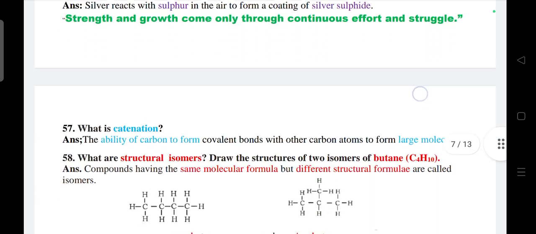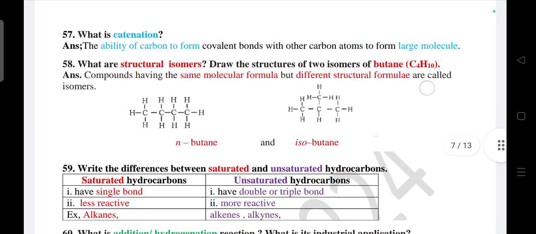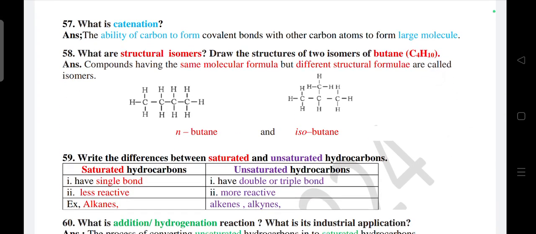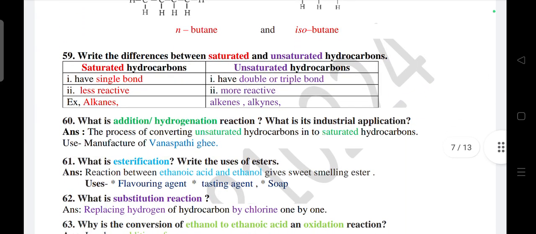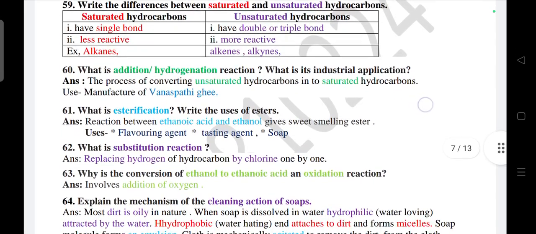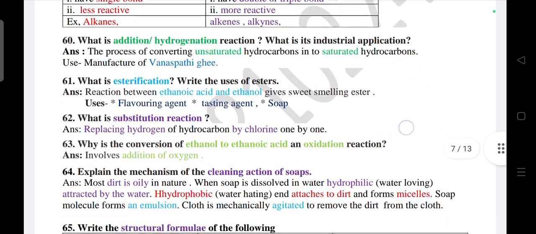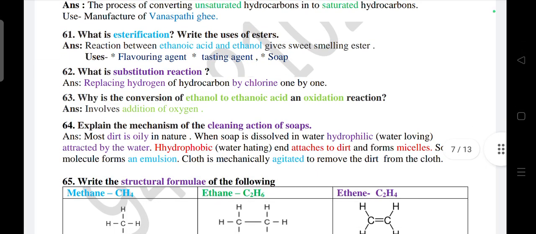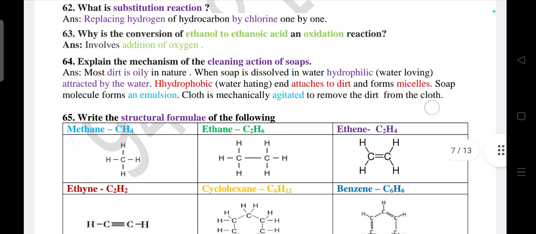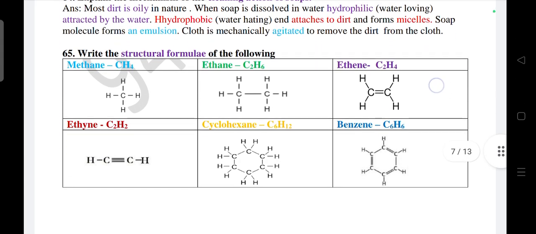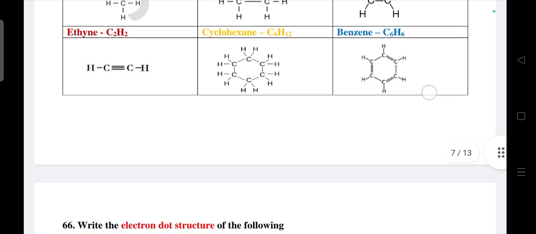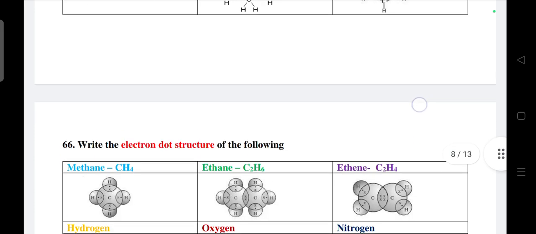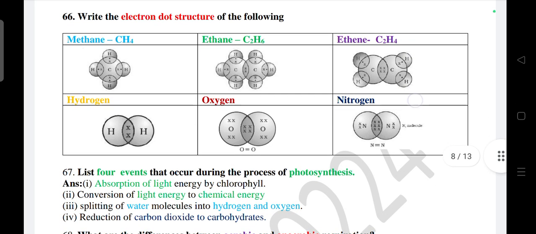So these are all very important questions. Dot structure.